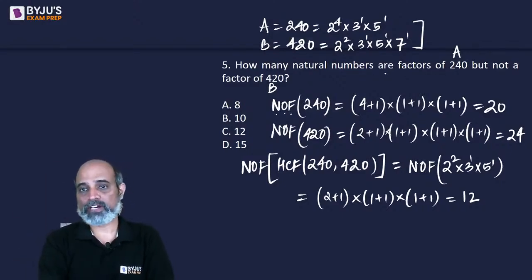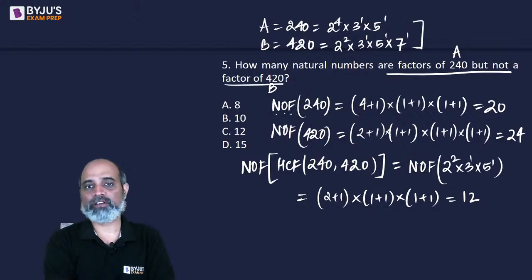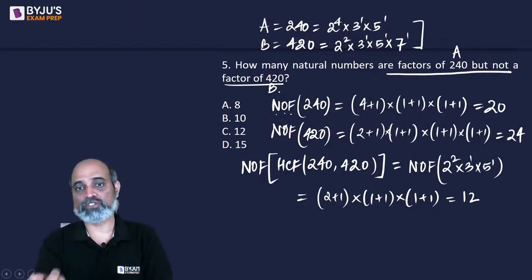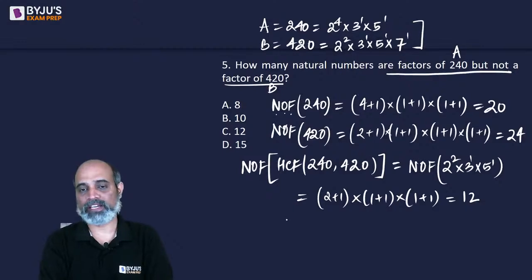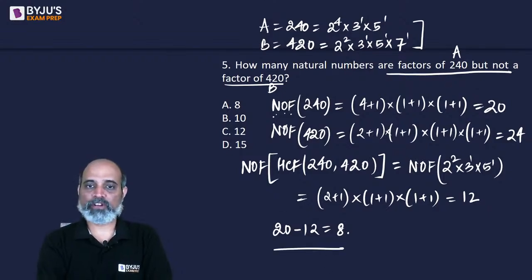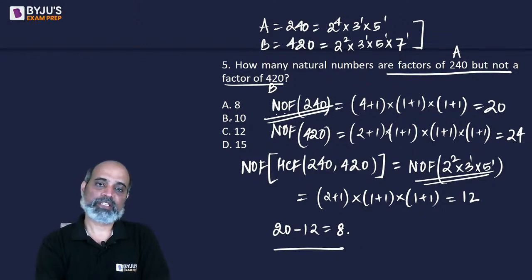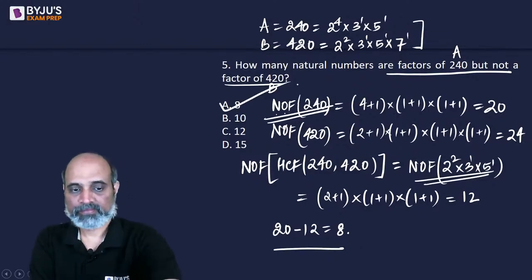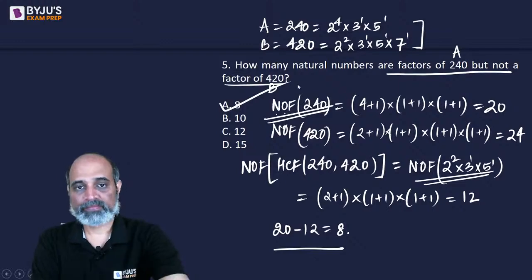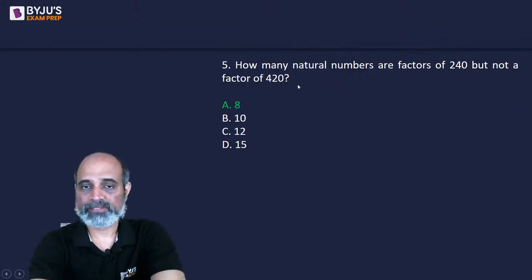Since we are asked to find the factors of 240 and not 420, as in unique to 240 but not 420, we can directly do 20 minus 12 and this will give us 8, right? So 20 means the number of factors of 240, minus 12 means the number of factors of their HCF, and we will get the unique factors. Right? Okay.